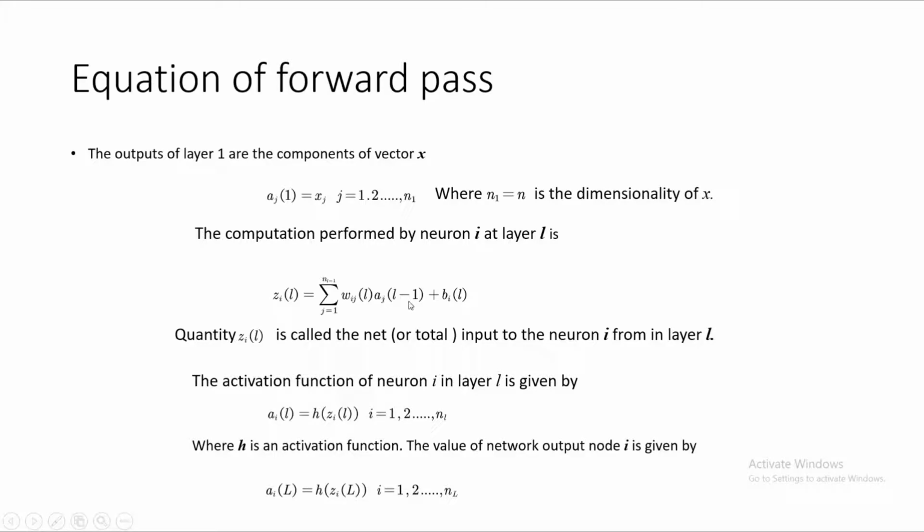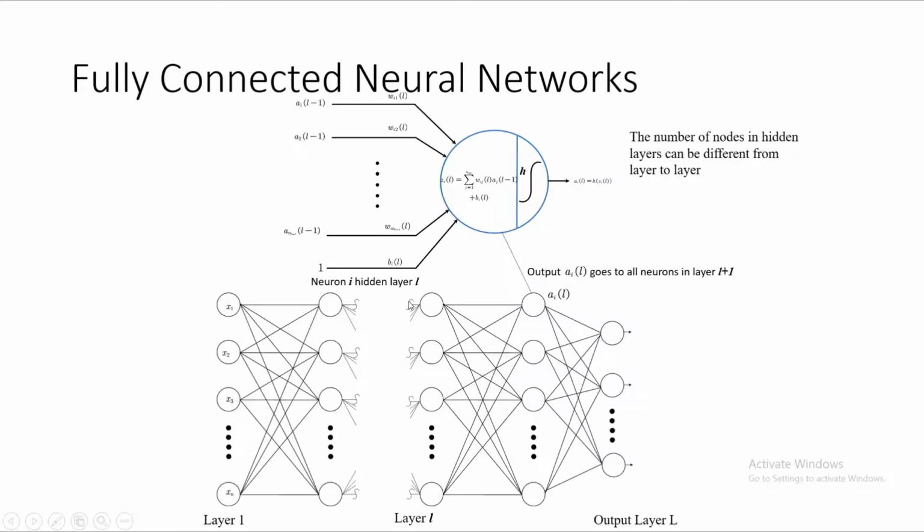We can see in the diagram that for layer 2, the input will be the output activation value of the previous layer, or we can see here at AIL, the input of this neuron will be the output of the previous activation, which is the same in this layer L as well.